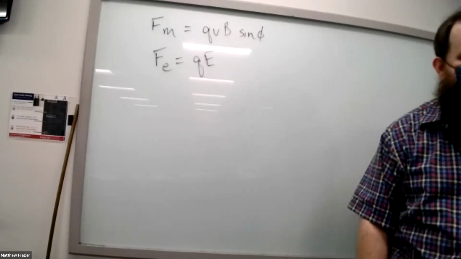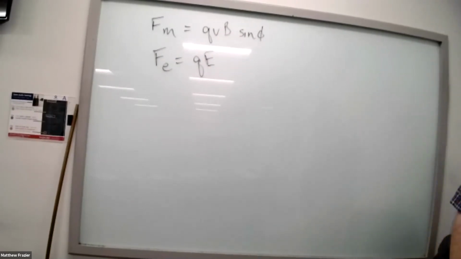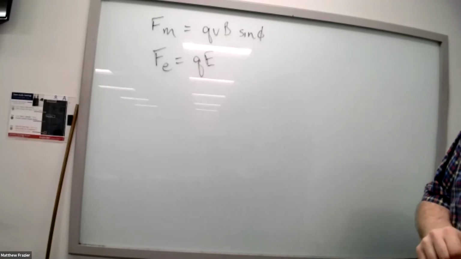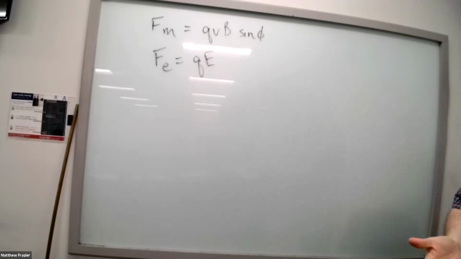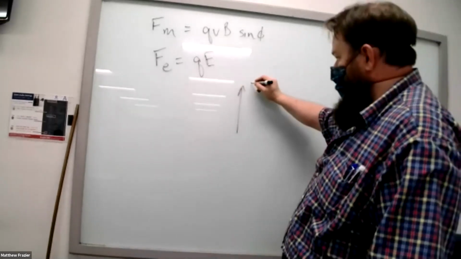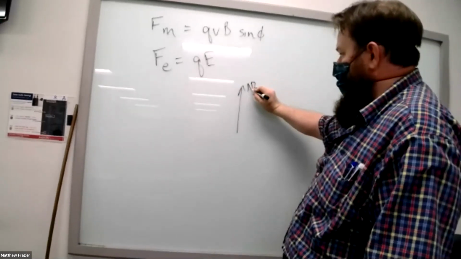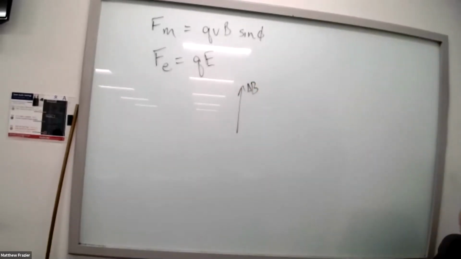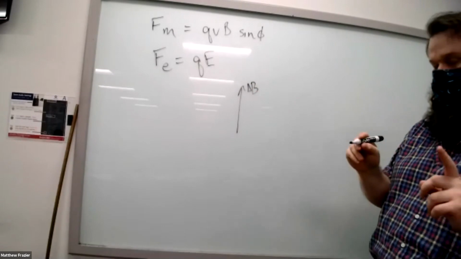When we talk about Lenz's law, in certain situations, there has to be an electric force, an electric field somewhere. What generally happens is, let's say this is our magnetic field. I want to put a delta here because it's going to be the change in the magnetic field. We're going to talk about changing magnetic fields.